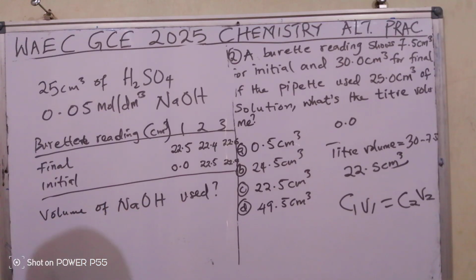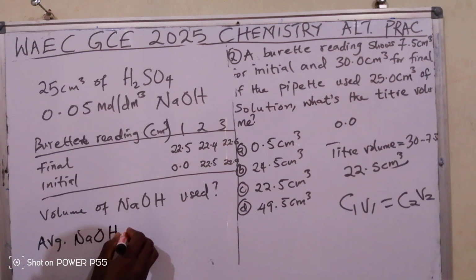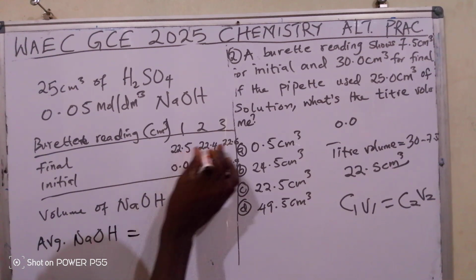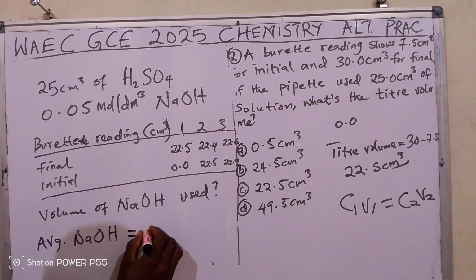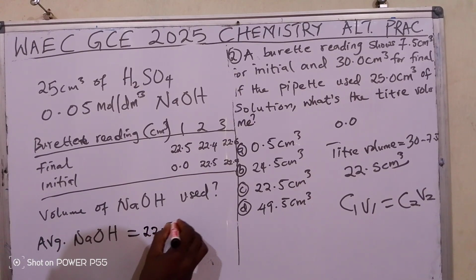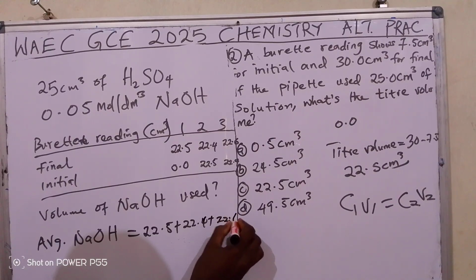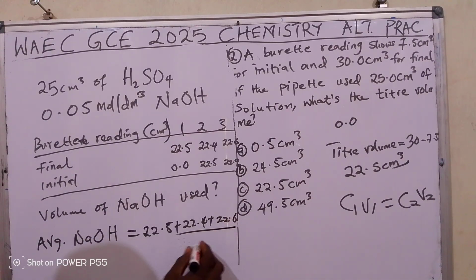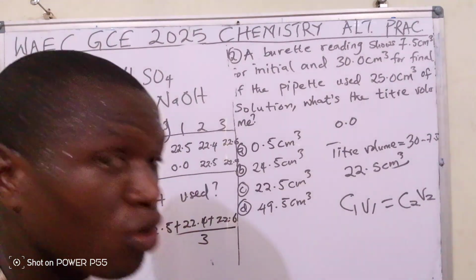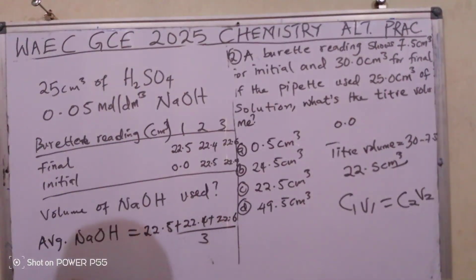So what do we do? The average volume of sodium hydroxide used is going to be the sum of these three numbers divided by 3, of course. 22.5 plus 22.4 plus 22.6 all over 3. Okay, so we have the options given to us. All you need to do is to punch your calculator and find what we have here.